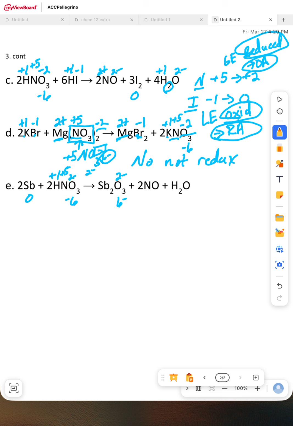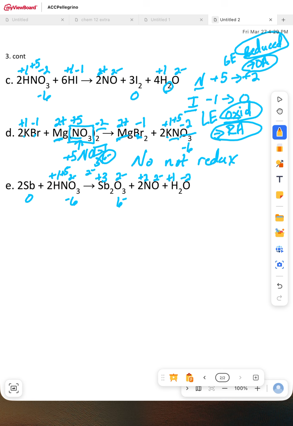And we need the other 6+ to come from the antimony, and there are 2 of them, so each one will have to have a +3 on it, so we get +6 altogether. So that's going to be its oxidation state. Over here we have the 2- from the oxygen, which makes this +2 for the nitrogen. These are +1, and there are 2 of them, so that balances out.